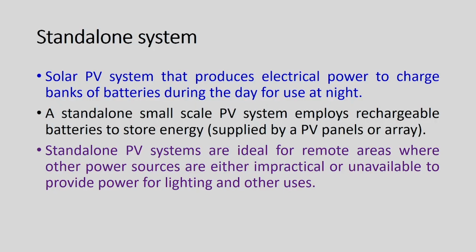A standalone small scale PV system employs rechargeable batteries to store energy, which is supplied by PV panels or arrays. Standalone PV systems are ideal for remote areas where other power sources are either impractical or unavailable to provide power for lighting and other uses.